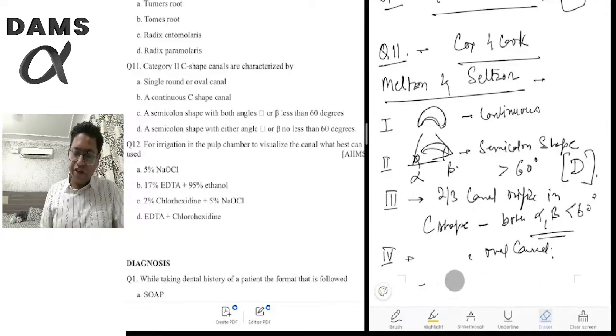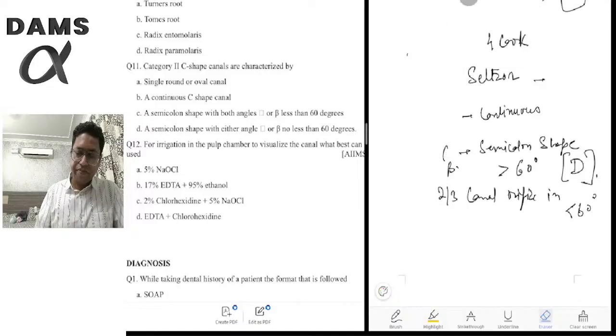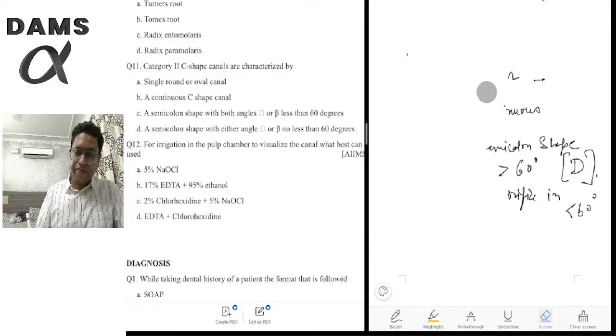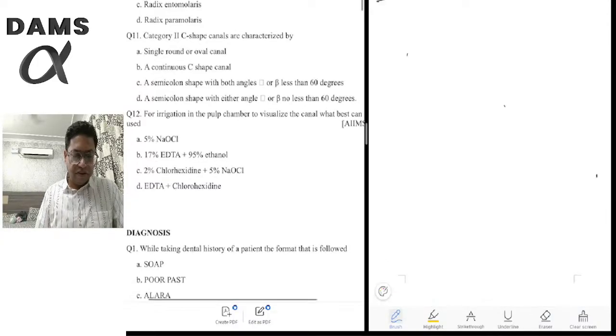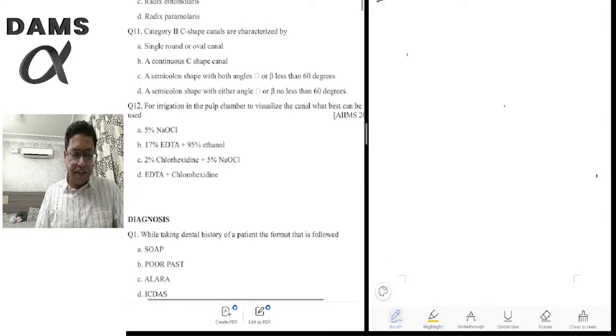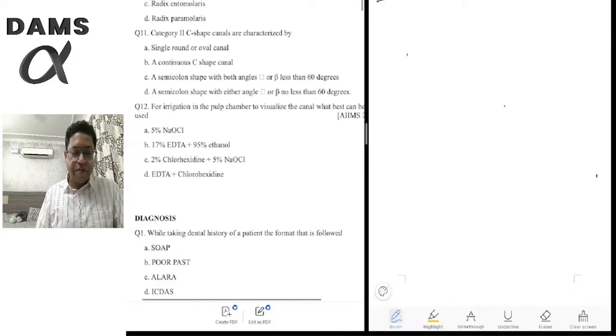Okay, coming over to question number 12. For irrigation in the pulp chamber, to visualize the canal, what can be best used?